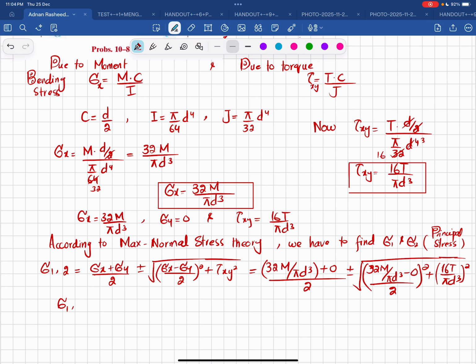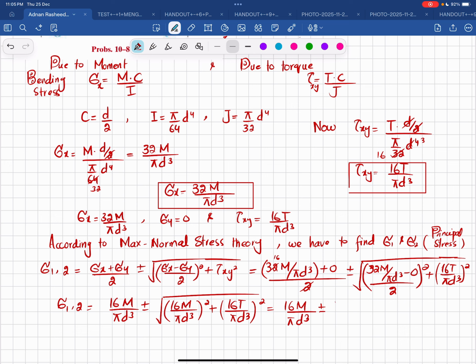So what we will get is sigma 1,2: this will cancel with this, so it will be 16. I will get 16M over pi d cubed plus or minus the square root of (16M over pi d cubed) whole squared plus (16T over pi d cubed) whole squared.